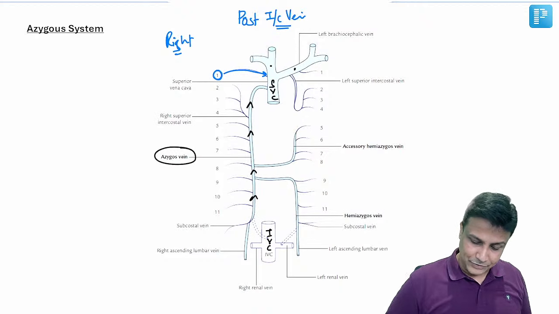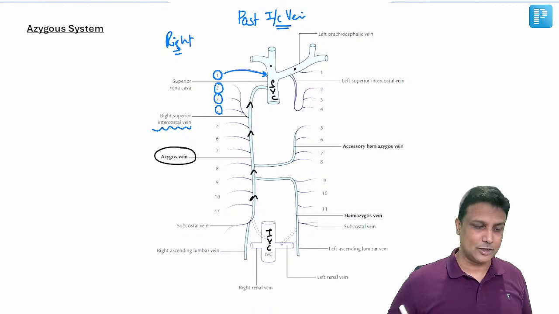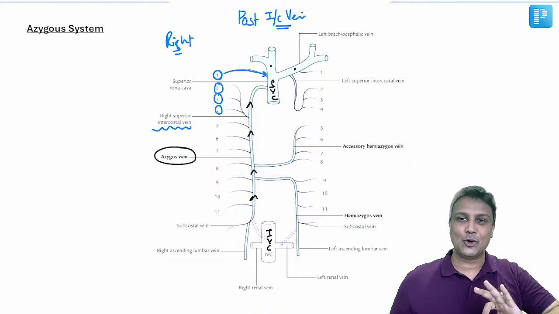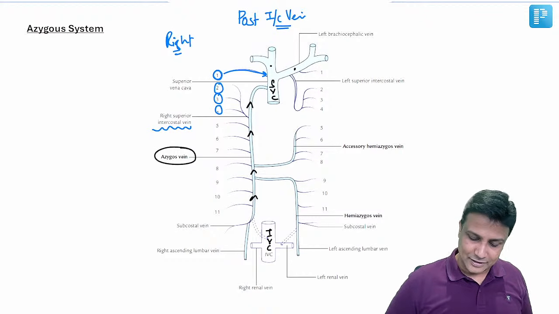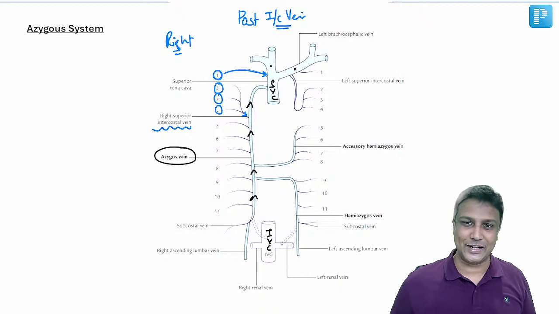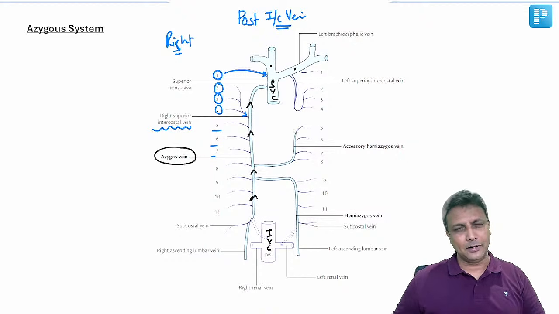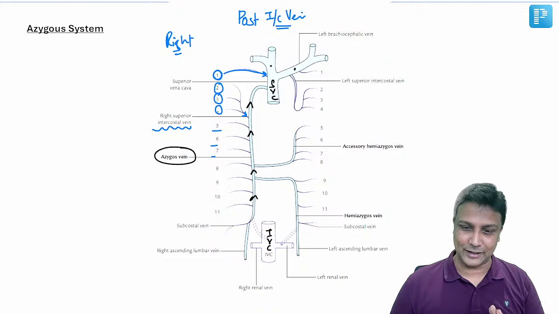No doubt about that. The second, third, and fourth veins together are going to join and form the right superior intercostal vein, and the right superior intercostal vein will drain into the azygous vein. You can very clearly see it's draining into the azygous vein there. After that, no need to remember the numbers 5, 6, 7, 8 and so on. All of them will drain into the azygous vein only.